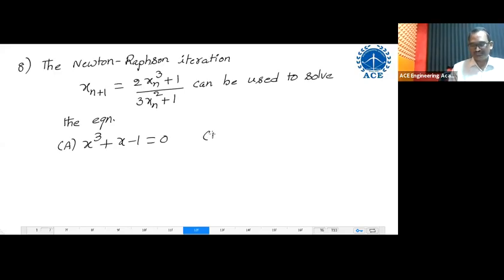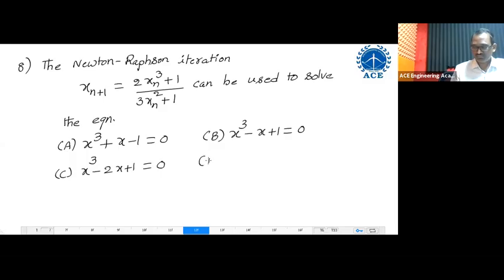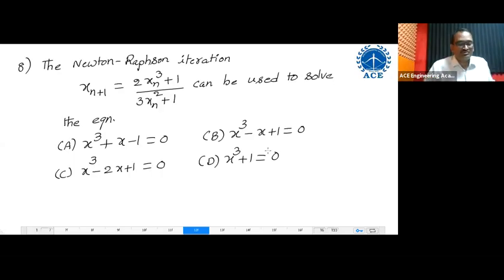Option A, option B, option C, option D. Try yourself. This is also 100% similar to the previous problem model.